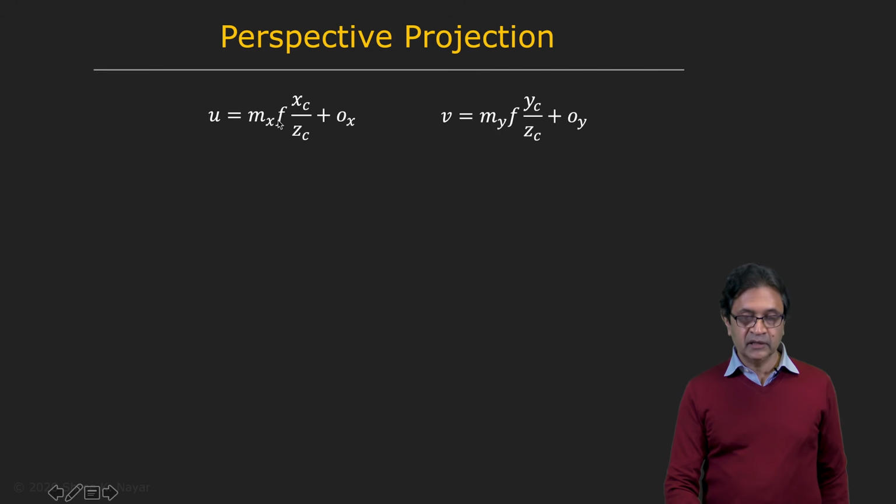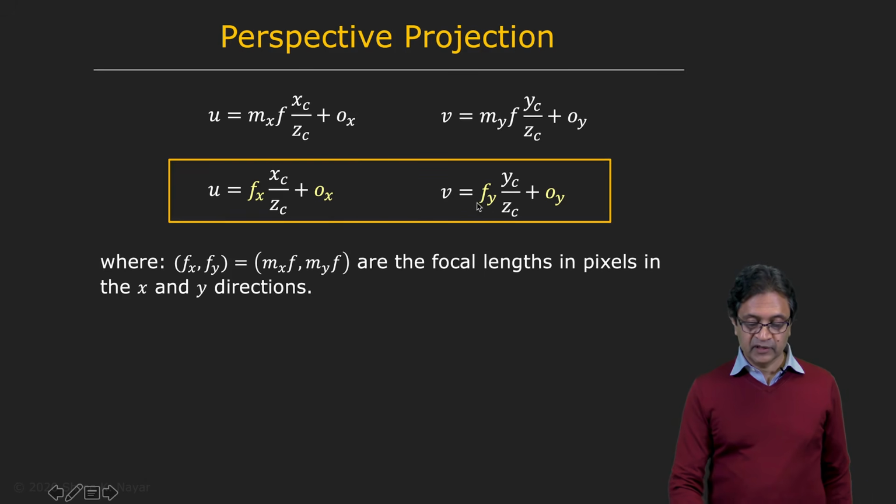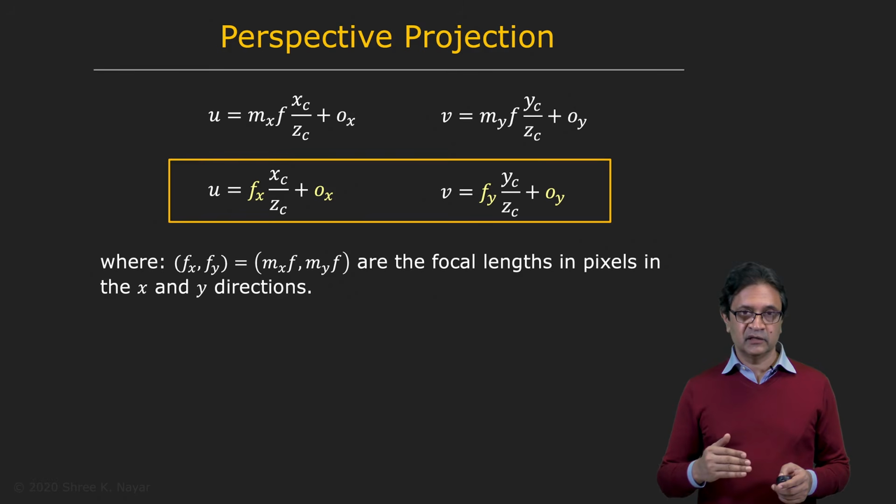So we can combine these into a single unknown, single parameter fx, and we can do the same with my times f, that's fy. And so now we have these two unknowns here, fx and fy, in addition to the location of the principal point, which is also unknown, ox and oy. So fx and fy, just a word about this, these can be seen as effective focal lengths in the x and y direction.